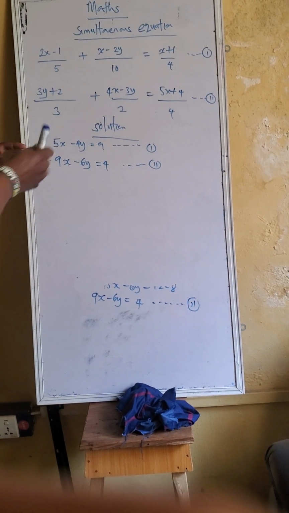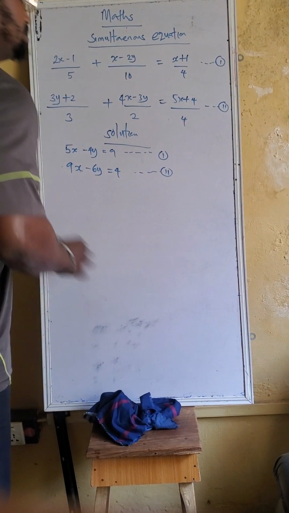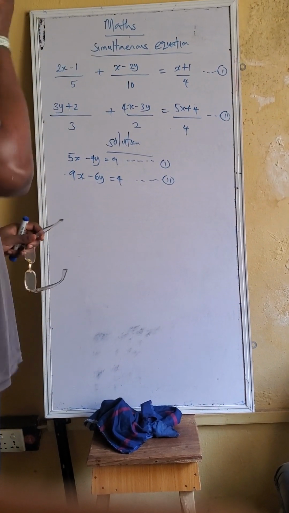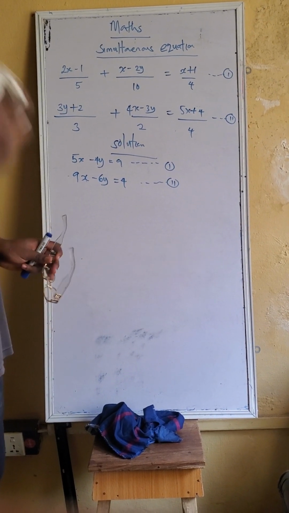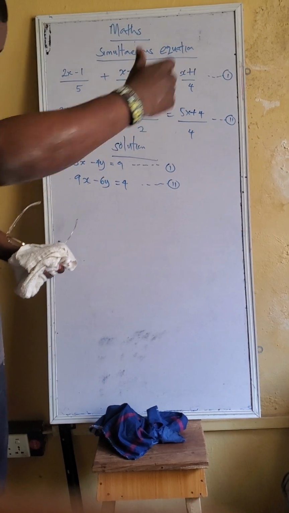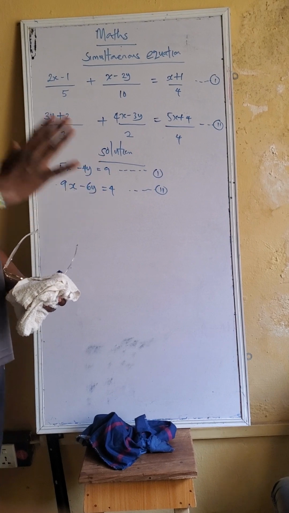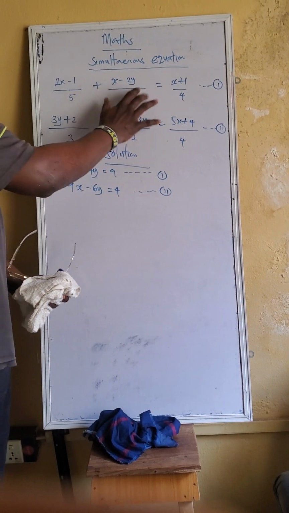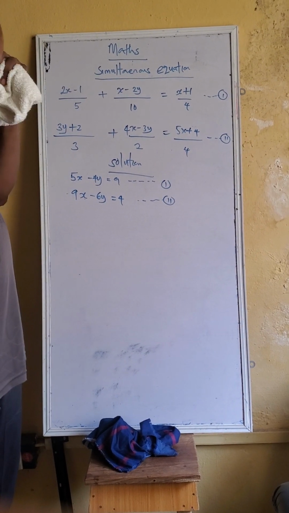We have finally done half of our job. We have finally been able to convert this equation that was given to us to the simplest form. We have converted this to this. Now the next thing is to make a decision.